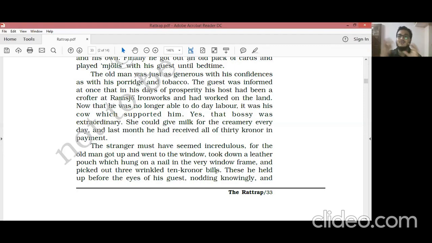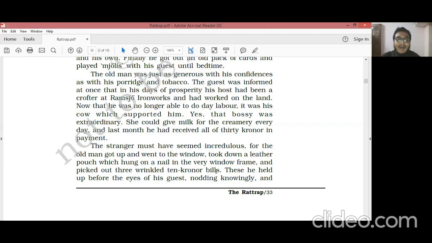In that nail there was a pouch, like you use a pouch to keep pencil and rubber and all. Similarly, ladies keep rupees in a pouch. In that he kept 30 kronor. Wrinkled bill means it was twisted, clumsy, not kept properly, and he took it out.